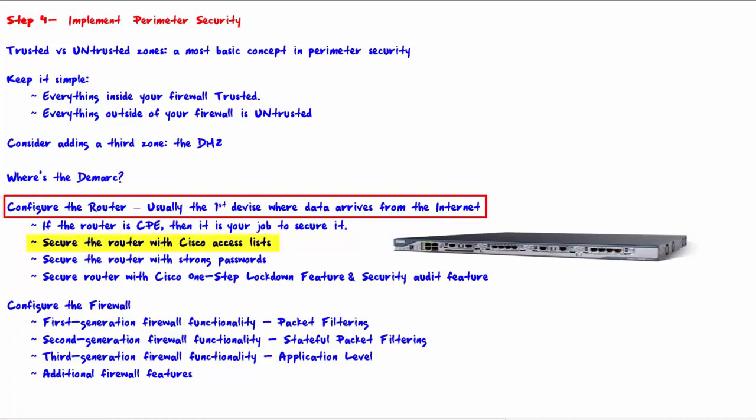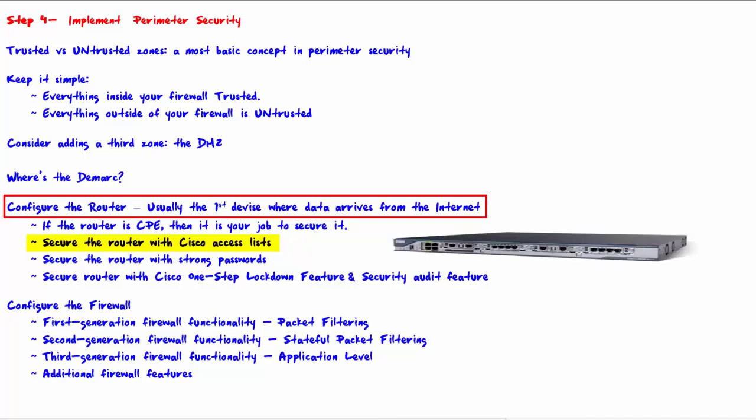Secure the router with Cisco access lists. Cisco access lists have both standard access lists and extended. Standard ACLs filter solely based on the source IP address of the packet. Extended ACLs offer more functionality.